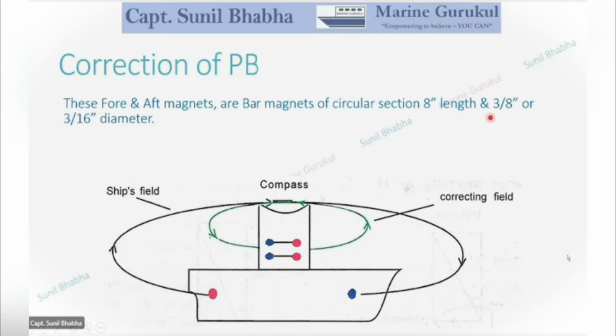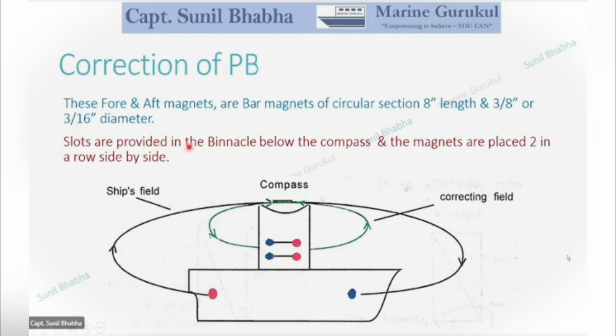Where more powerful magnets are required, we use the thicker ones, that is 3/8 inch, or where less powerful correctors are required, we use 3/16 inch diameter magnets. The size is decided by the compass adjuster. Once the ship is constructed and it goes out for sea trials, the compass adjuster checks the magnetism of the ship and decides whether he wants a thicker corrector or a thin corrector magnet.